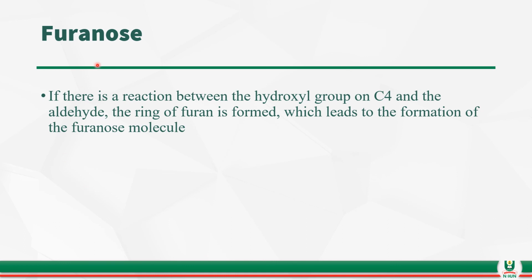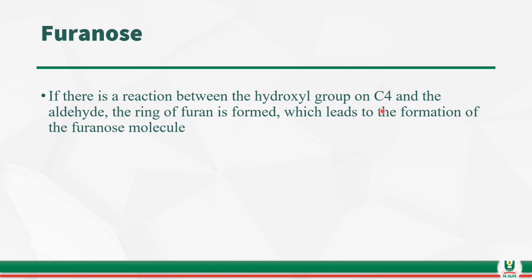What happens to get a furanose? If instead of carbon 5, the carbon 4 reacts with the carbon 1, that is, the carbon 4 of a glucose or a monosaccharide reacts with the carbon bearing the aldehyde or ketose group in carbon 1.